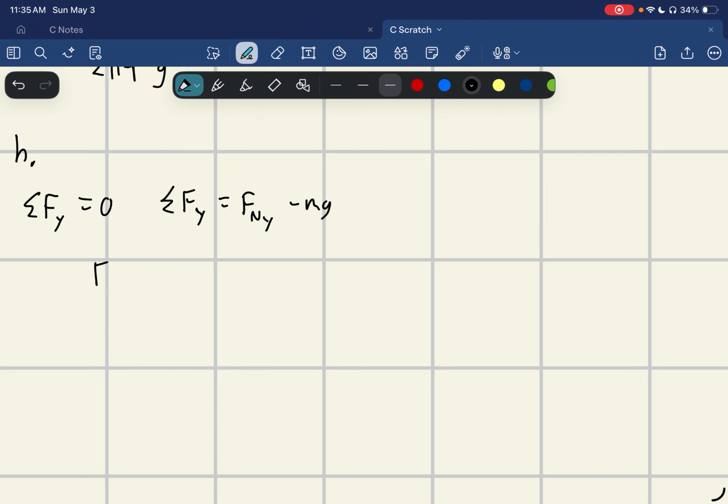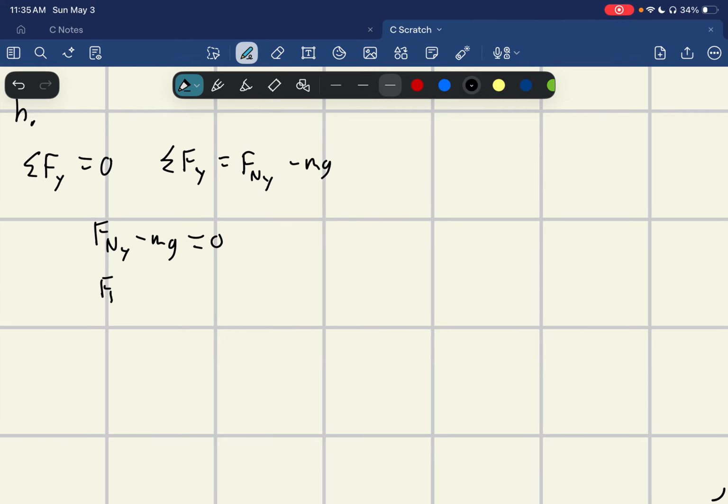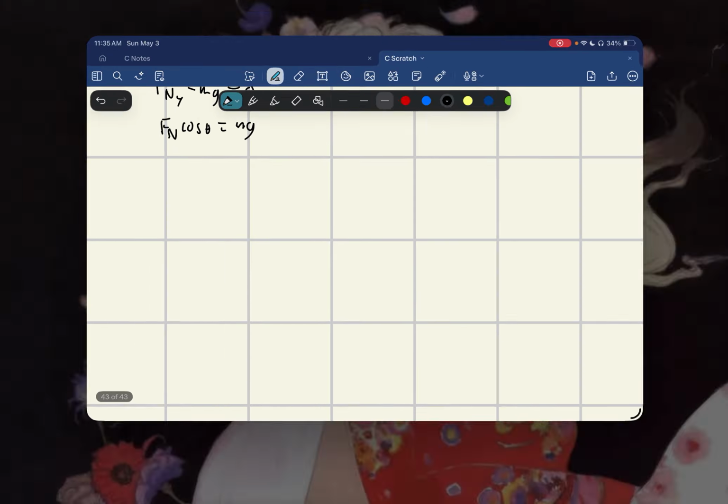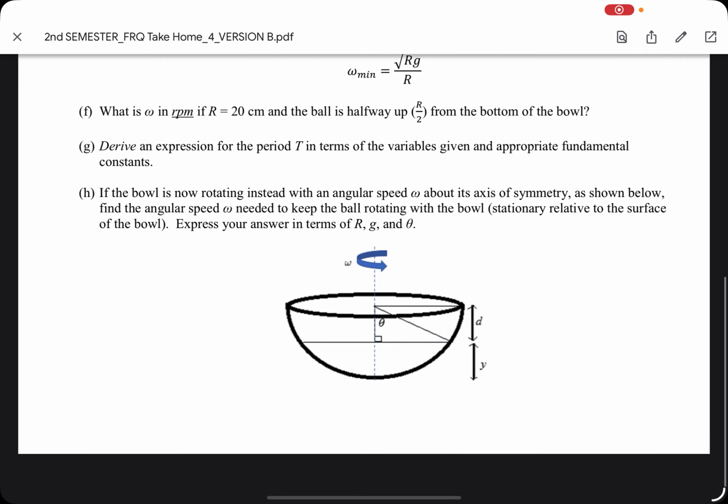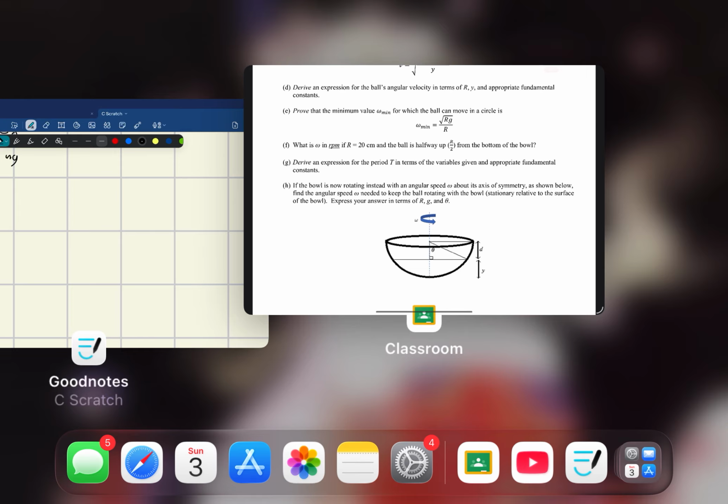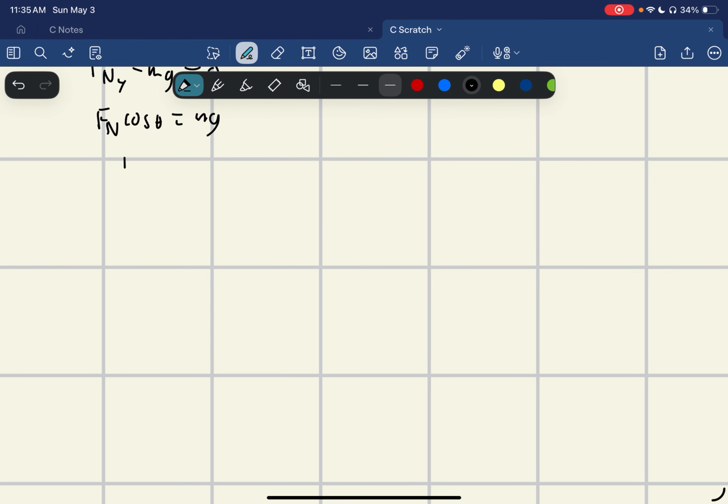Equate those two together, F_ny minus mg is equal to 0, and then F_ny, which is F_n cosine theta, is equal to mg. Here we're given the angle, so F_ny is cosine. Isolate for F_n, which is equal to mg over cosine theta.